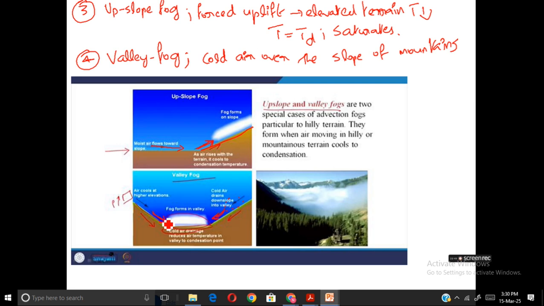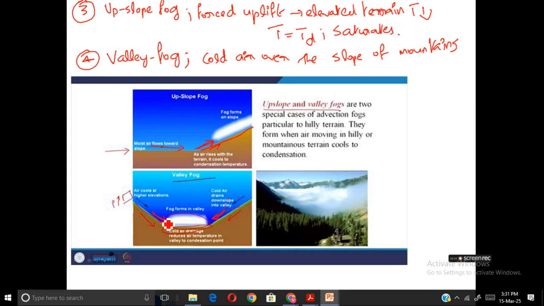So this reduces the temperature, and very cold air is coming to the valley. So the temperature is lower, gets saturated and then condenses. So that is valley fog. Valley fog is happening because the cold air from the sides of the mountains comes down and deposits in the valley. So that is the fourth type.